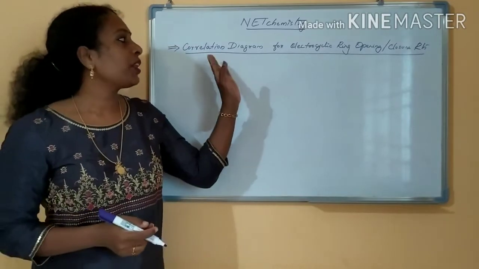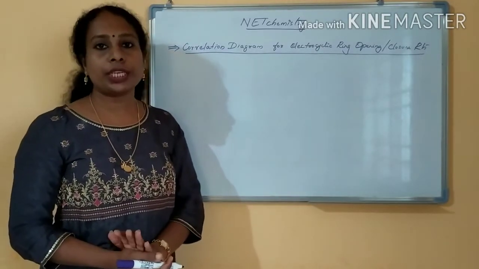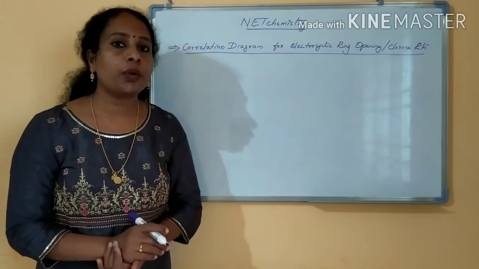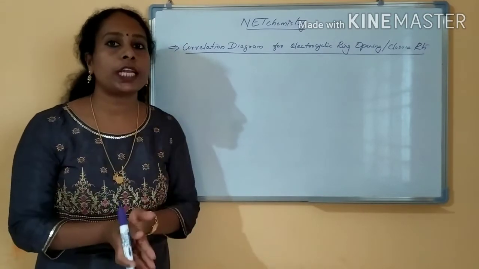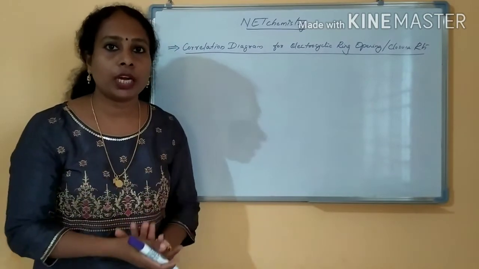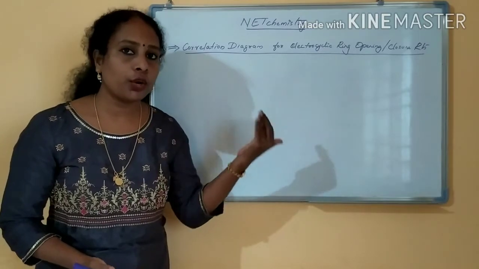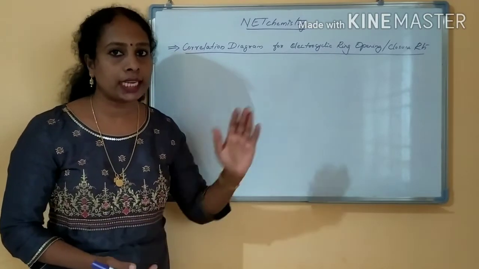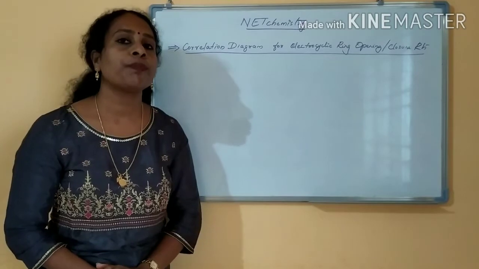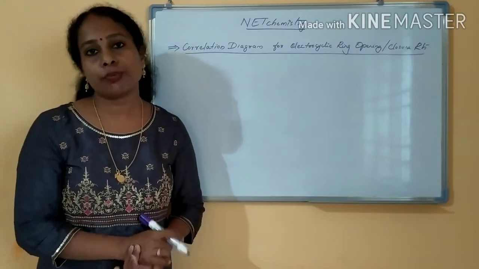Next we will see the correlation diagram for electrocyclic ring opening and ring closure reactions. How we have to take a correlation diagram for both electrocyclic ring opening and ring closure, both together, the same way only we have to take. Now you have seen electrocyclic ring opening and ring closure use the same rotatory mode, and the same way the correlation diagram also. So this correlation diagram is based on the symmetry aspects of the molecule.